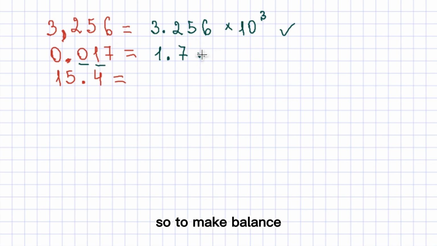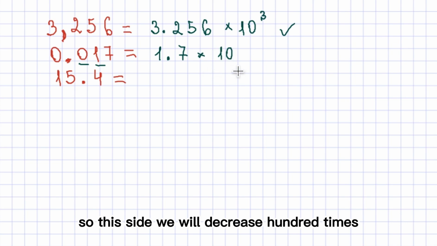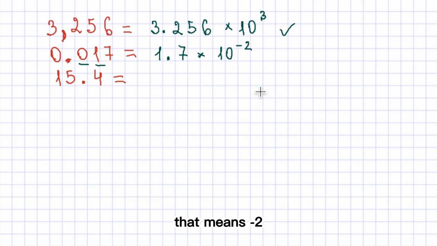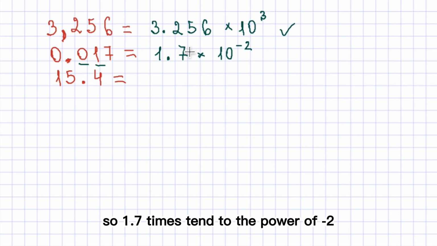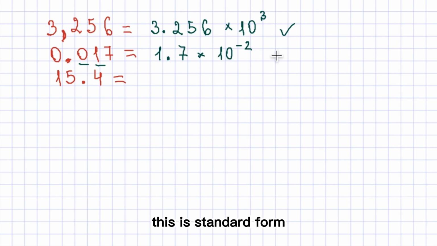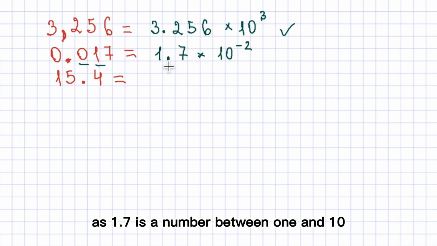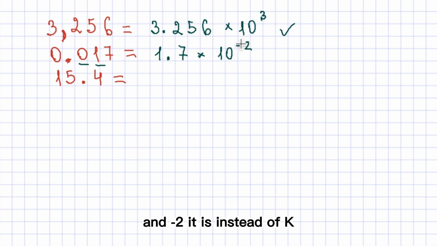So to keep the balance, on this side we will decrease 100 times. That means negative 2. So 1.7 times 10 to the power of negative 2. This is standard form as 1.7 is a number between 1 and 10, and negative 2, instead of k, is an integer.